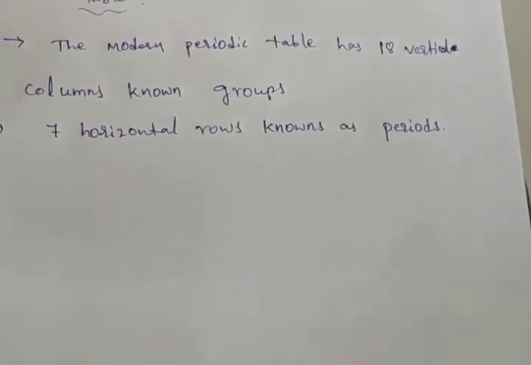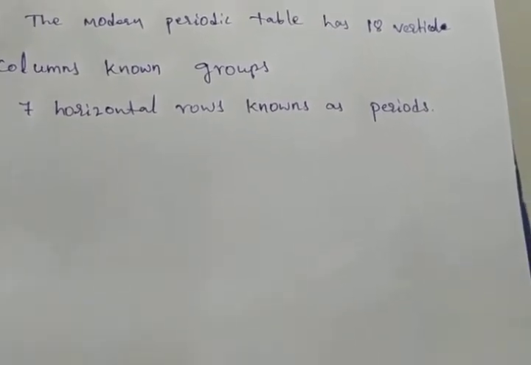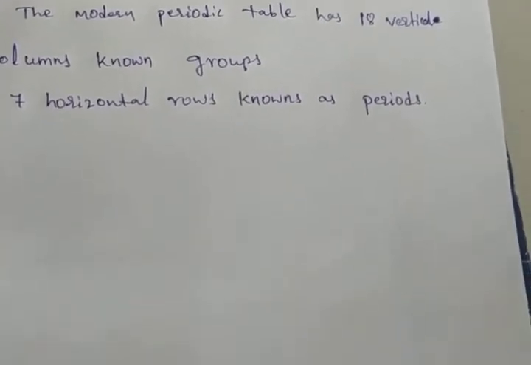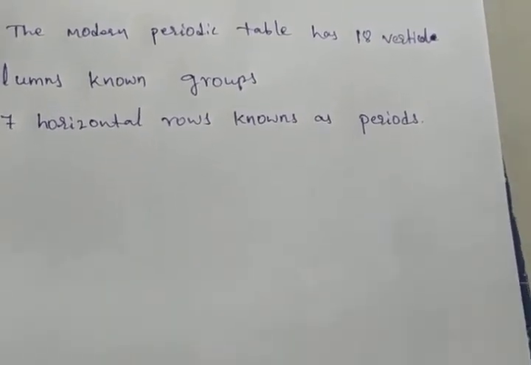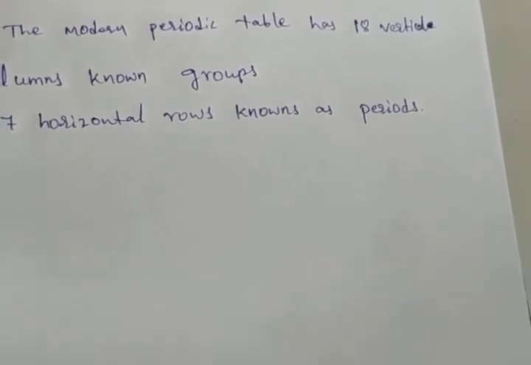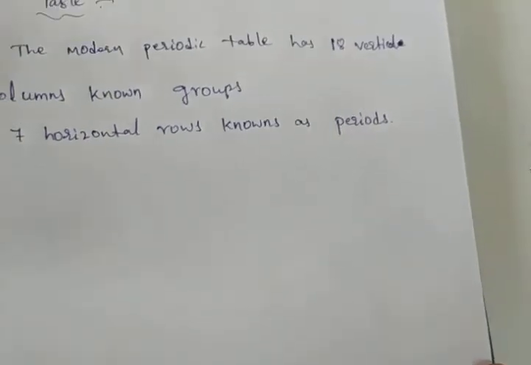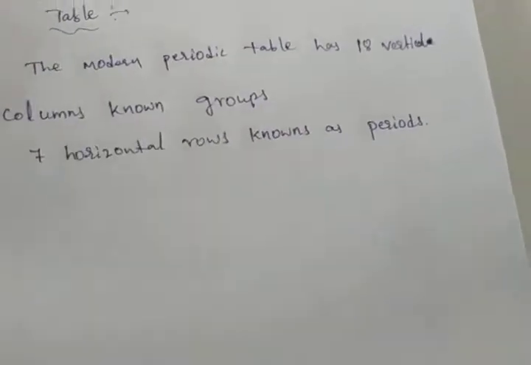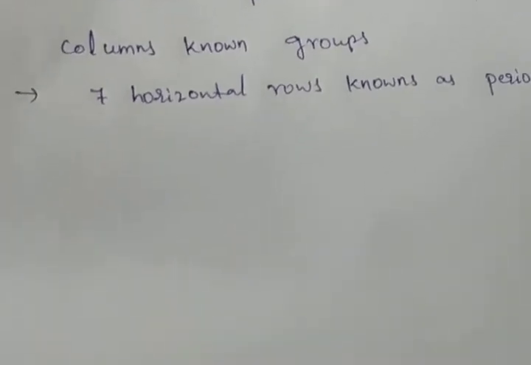By the activity we have to perform, we check whether elements have similar electronic configuration in the groups or in the periods. Which one has the similar electronic configuration? For this activity, we take the group 1 elements. What are the group 1 elements?